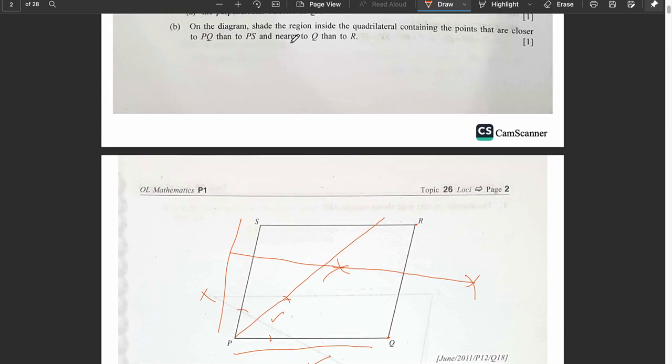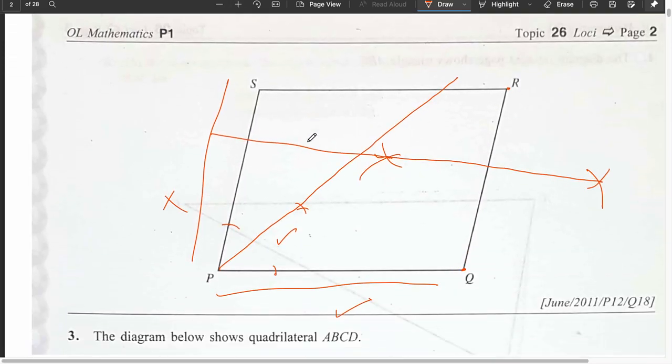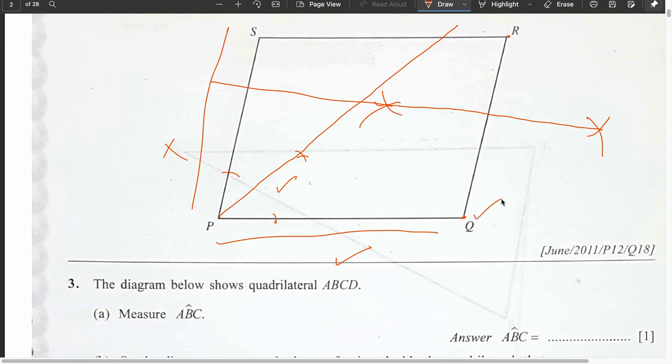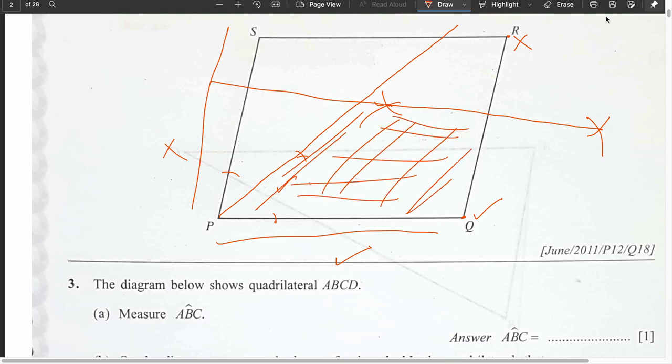And the remaining part of the question says and nearer to Q than R. Nearer to Q than R is this region. Any objection in this region? Closer to PQ than PS and nearer to Q than R. Clear?